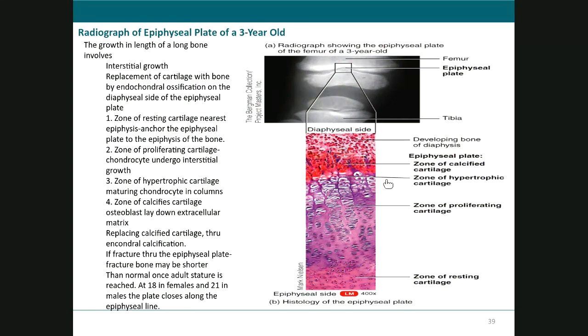We've got the zone of proliferating cartilage, which is undergoing interstitial growth. Zone of hypertrophic cartilage, where this cartilage is beginning to mature, and then the zone of calcification. So this is how the growth in length occurs.